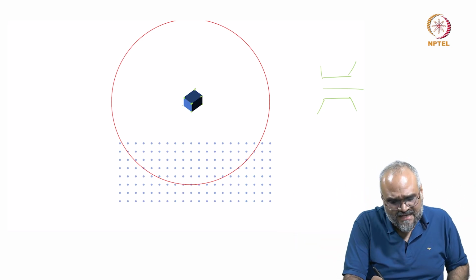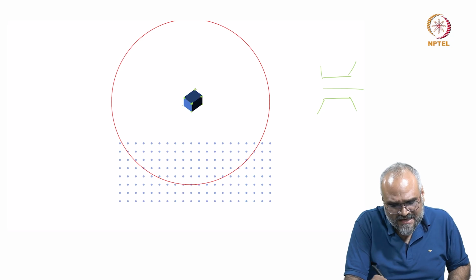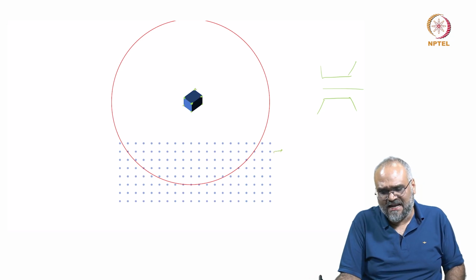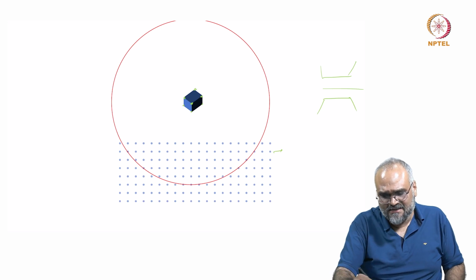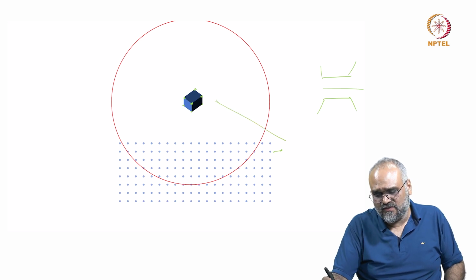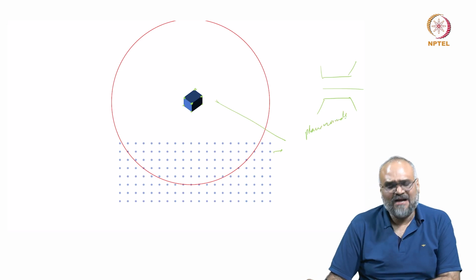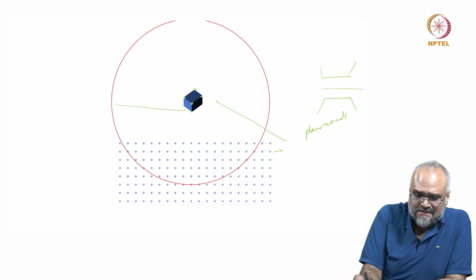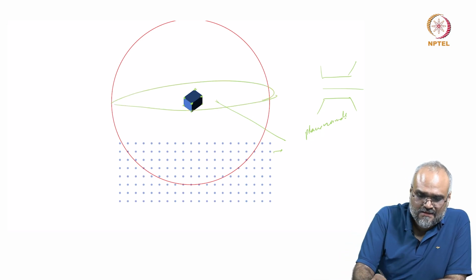So, for every single real lattice point, I can have a corresponding reciprocal lattice point where I can relate these two through plane normals.